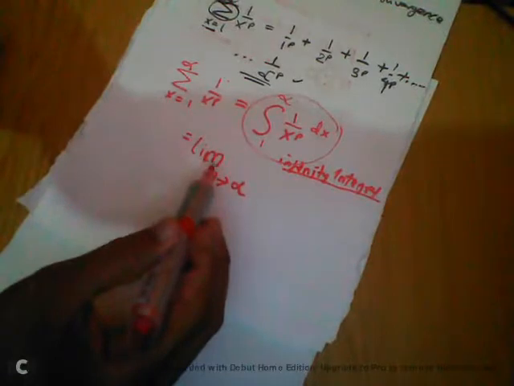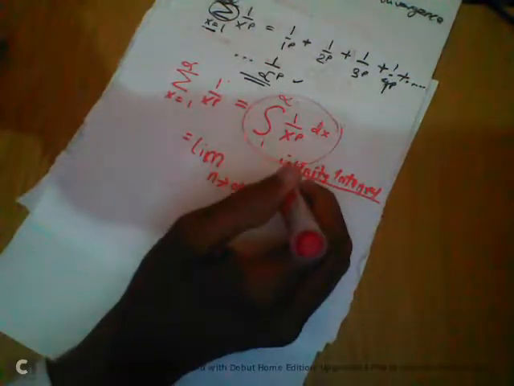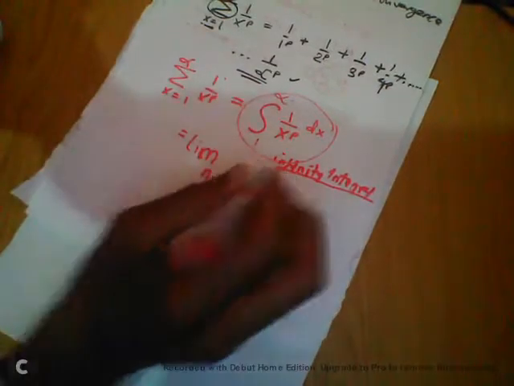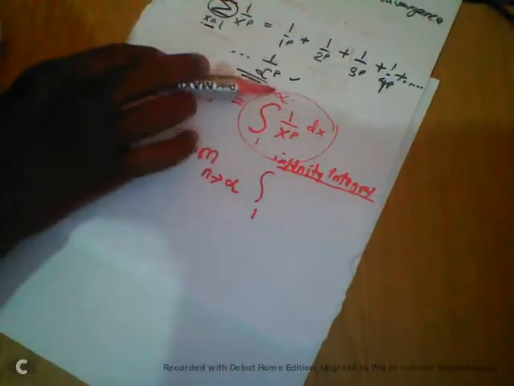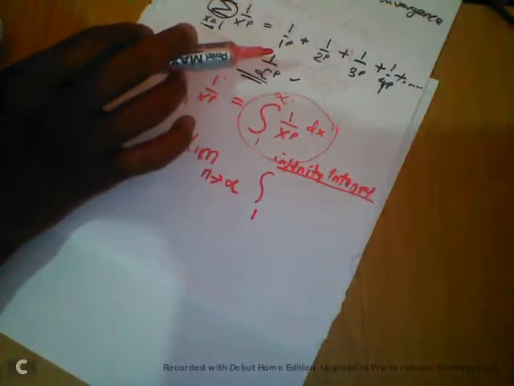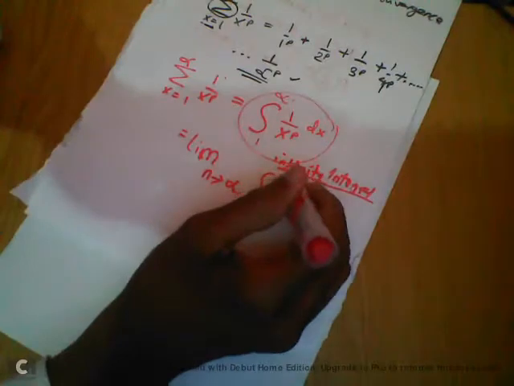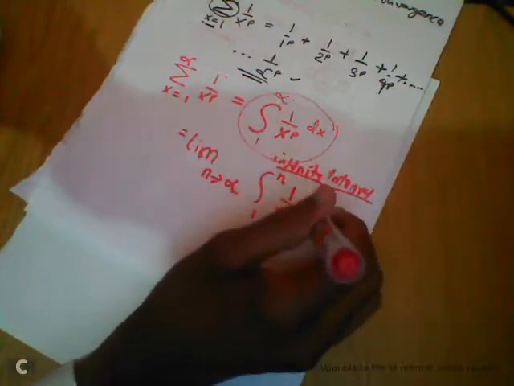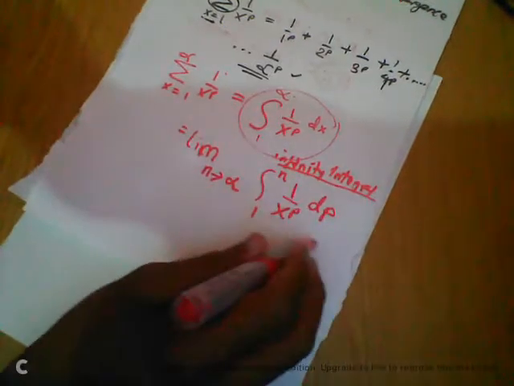When I change it, it's going to be easy for me to integrate. So I let n approach infinity, and then I write the integral starting from 1 as it is, and I'm not going to say infinity anymore, because I have limited this number to a certain term. It can be 5, 6, 7, or n, but I wouldn't know which number, so we assume it's n. So we say 1 to n, and then I write my function, x^p dx.